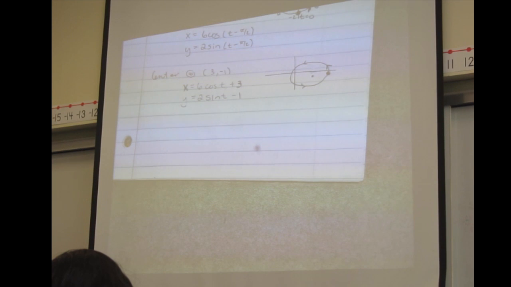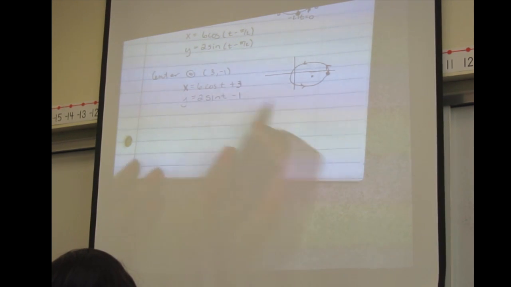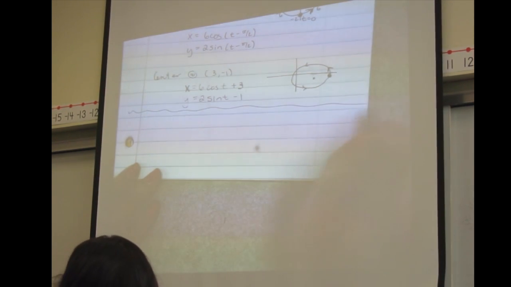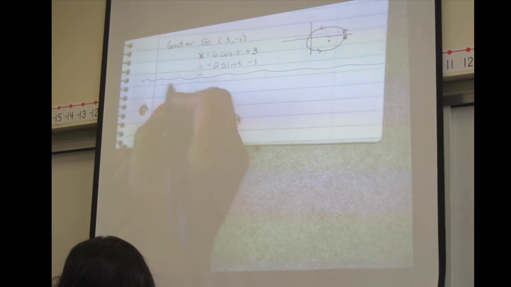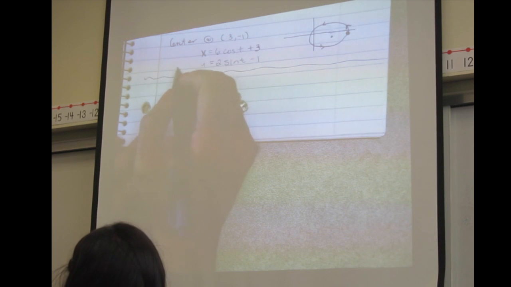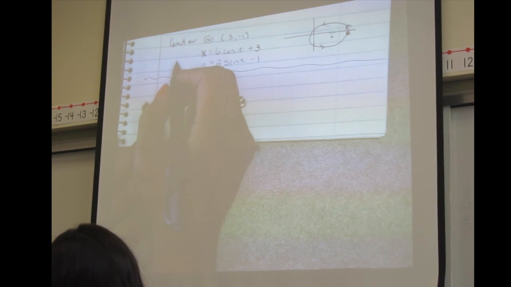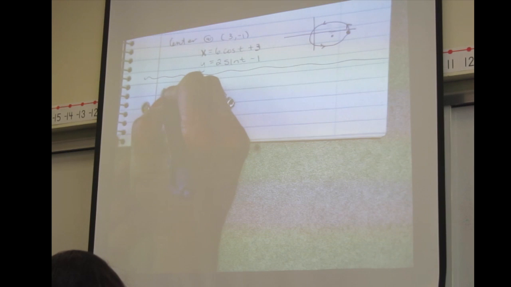Okay, so then I have a question. Make the equation of the Ferris wheel. It has a radius of 20 feet.